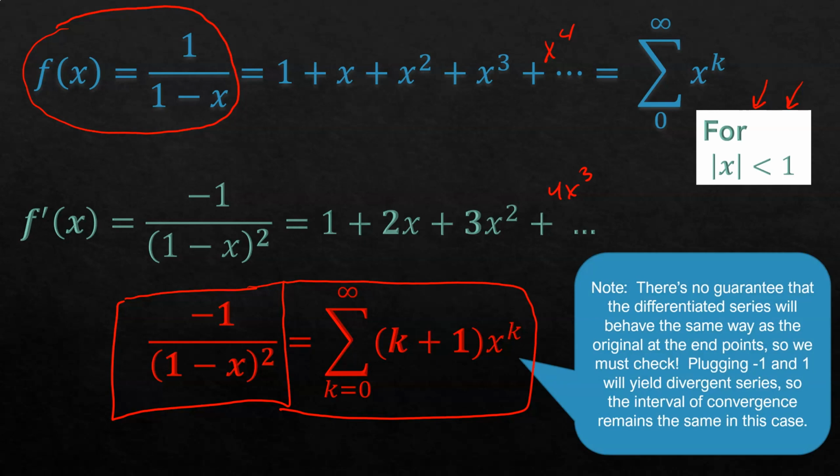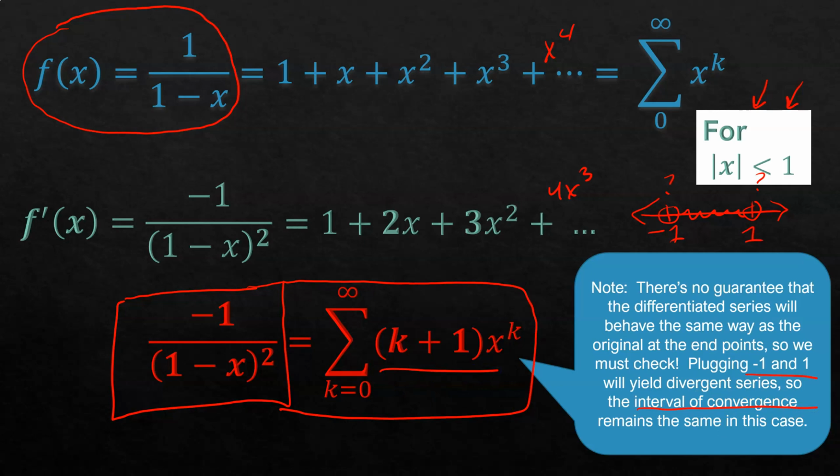There's no guarantee what will happen with this newly differentiated series at the endpoints. We said it is going to converge from -1 to 1, not including the endpoints at the beginning, right? So what happens at the endpoints here? Well, when we plug in 1 and -1 at the endpoints, you will see that you will get divergent series. So the interval of convergence here is going to remain the same.